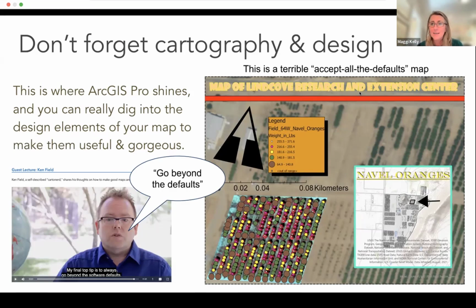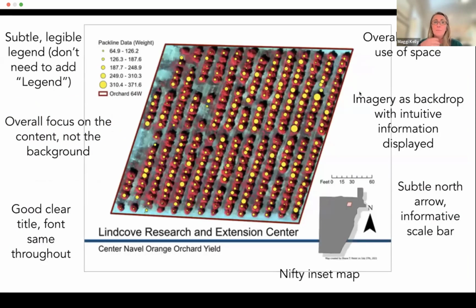And on the right-hand side, this is not a great map. This is an example of an accept-all-the-defaults map, really not having any particular style. I asked John to create a terrible map, and he actually struggled with it because we all like making good maps. But this would be something where you didn't really put a lot of thought into the overall composition. With a little bit more work, you can really make a lovely product.